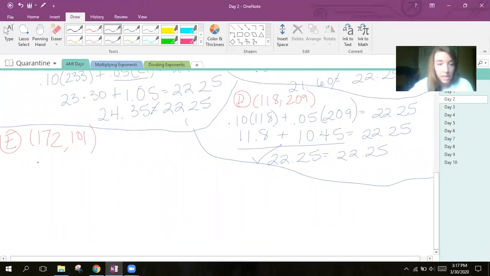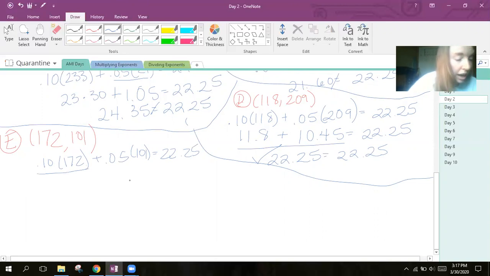So let's plug this last one into our equation. Again, you just have to follow order of operations, and I'm just using my calculator.